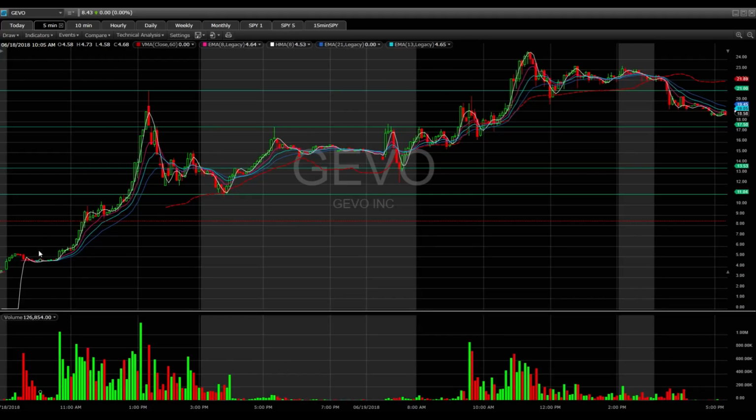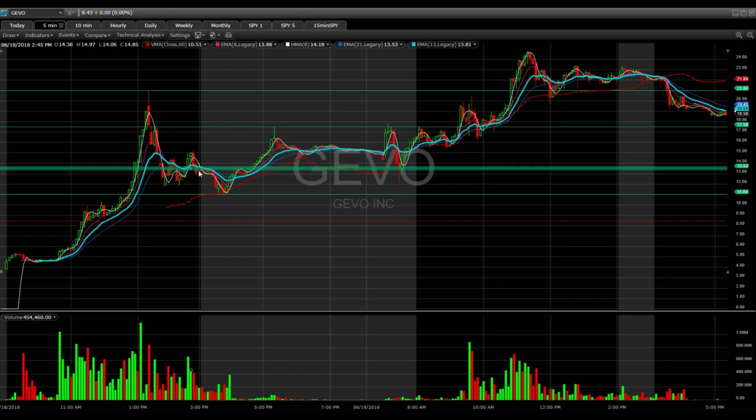When you're going into the end of the day and you're looking to swing something overnight and you wanted to grab it closer to the end of the day, as long as this thing's holding a support level, and it's still got about 50% of its gains for the day, there's a pretty good chance you're going to get a gap up the next morning like it did. You can see where it gapped up. Here's where it closed. It gapped up to 15.